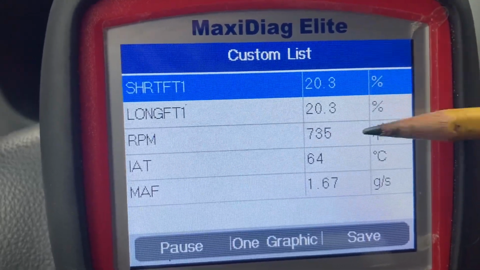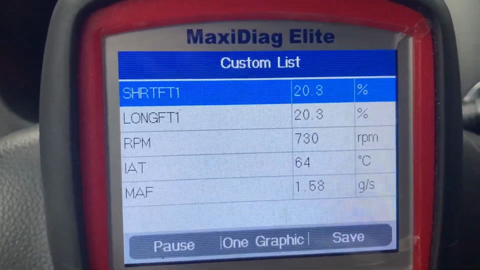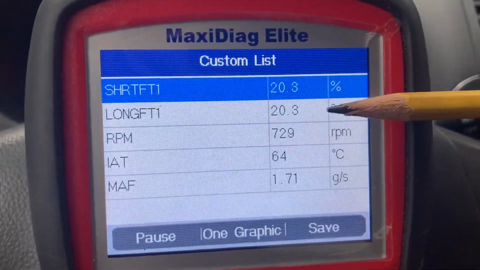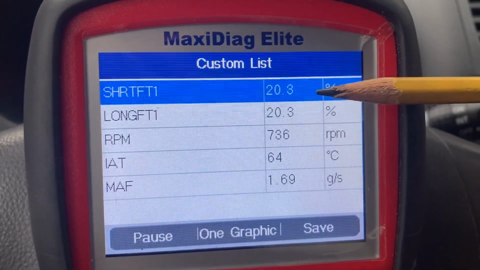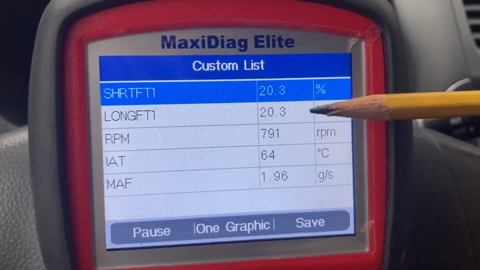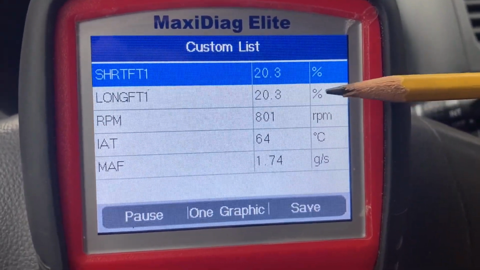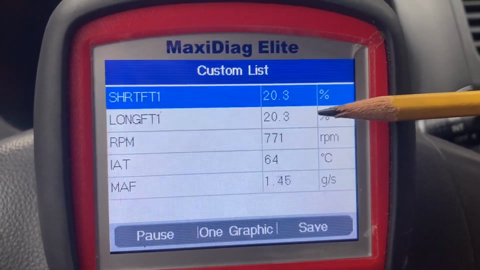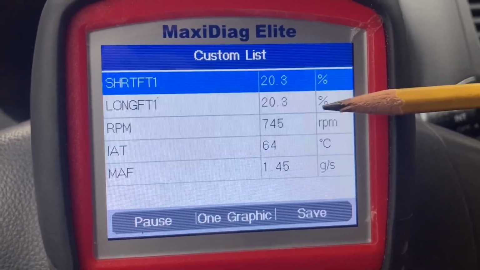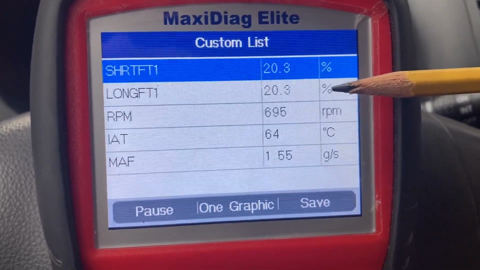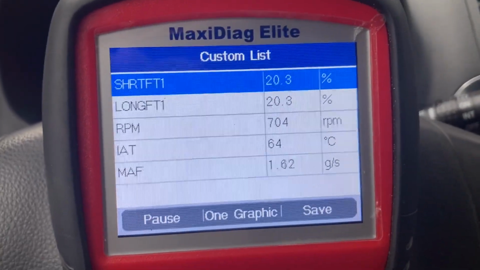That is telling me it is running lean. I had to abandon my notion that the catalytic converter was clogged because I couldn't prove that out either. I checked the back pressure on the exhaust. I pulled the O2 sensor, and no real significant back pressure was there. So I don't think that's the case.